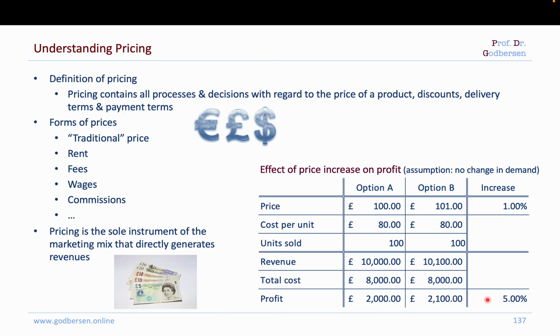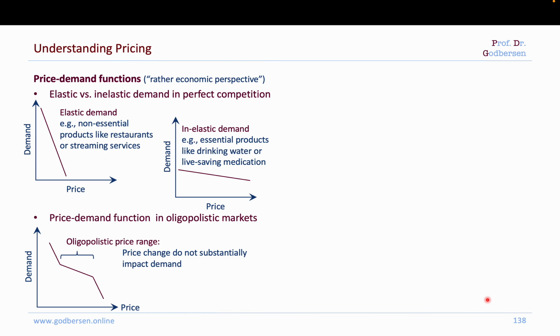To understand pricing a bit more, here we touch the field of economics. We have price demand functions. On the x-axis in both graphs is the price, and on the y-axis demand, how much is bought. And you need to look at, do we have an elastic or a rather inelastic demand? On the left-hand side here, you see a rather elastic demand.